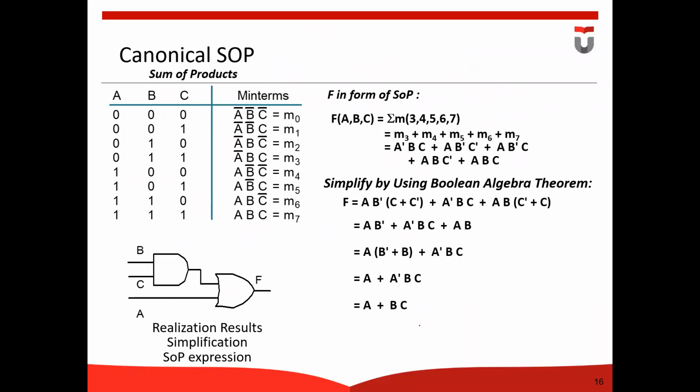Okay. Now, instead of using A naught BC, ABC naught, ABC, etc., we can also represent this canonic form by using its member. For example, like this. This is 0 because all the values here are 0. This is member 1, member 2, member 3, member 4, member 5, member 6, member 7.